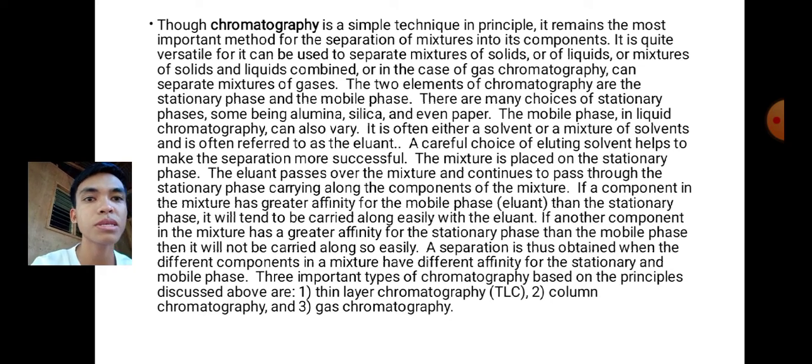The mobile phase is liquid. Chromatography can also vary. So the stationary phase can be alumina, silica, and even paper, it can be paper like this. And the mobile phase is liquid.